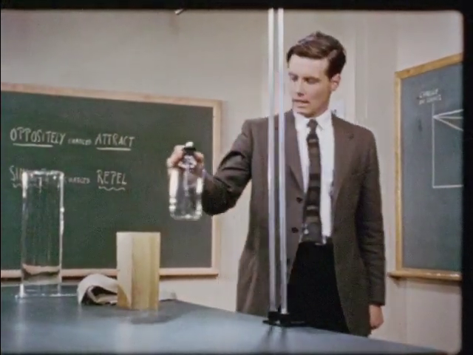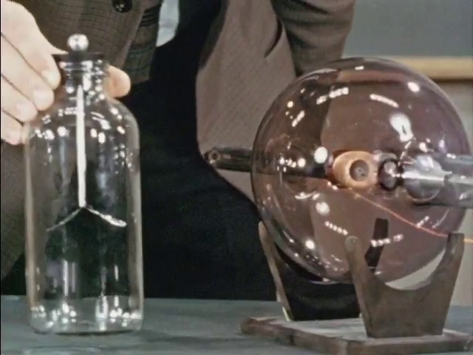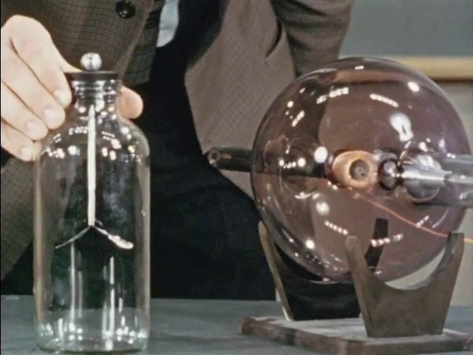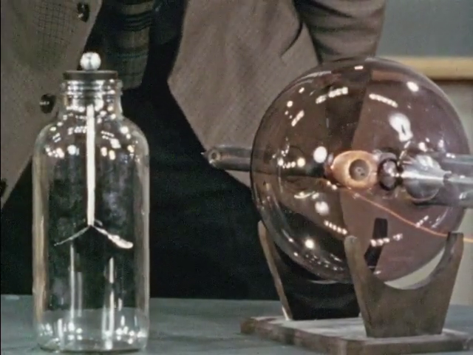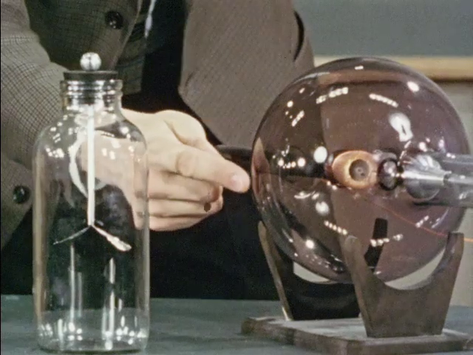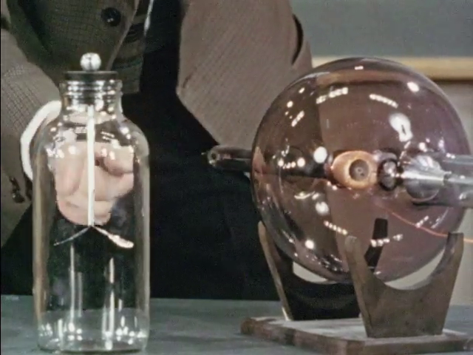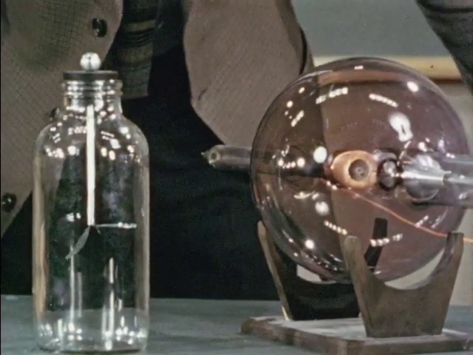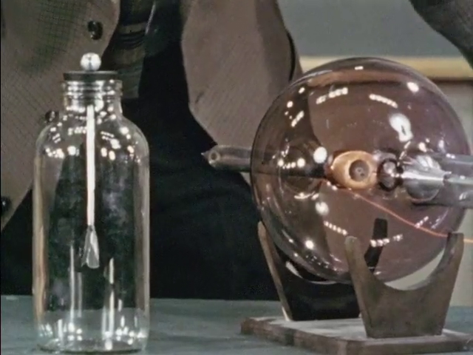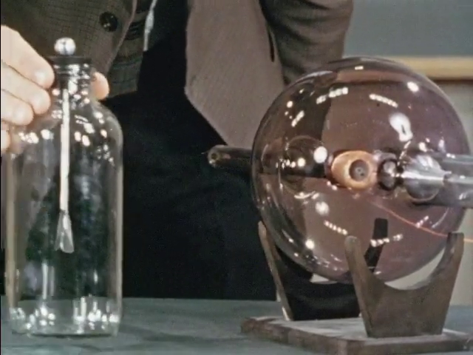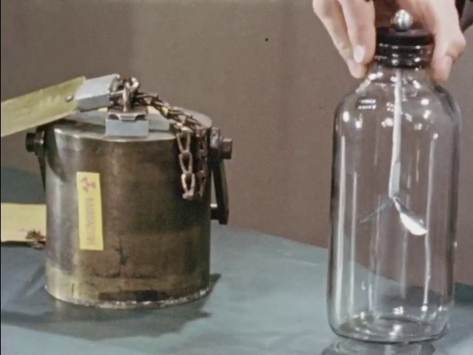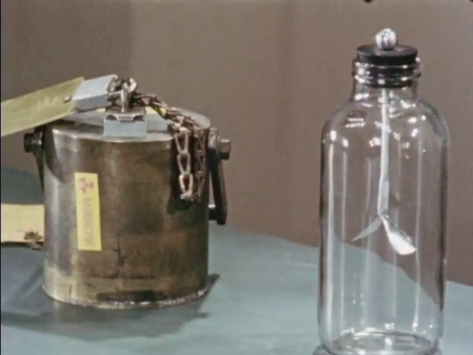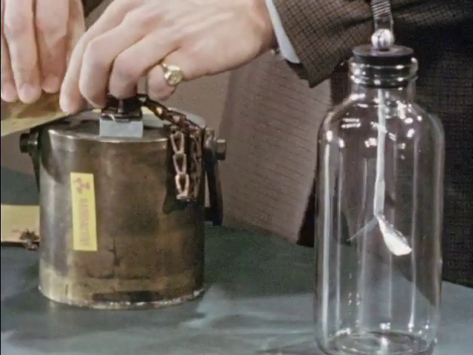Things which are particularly effective in destroying the insulating properties of air are X-rays. Now watch, this happens quickly. Also, certain kinds of atomic radiation, such as that which is given off by this radium source.